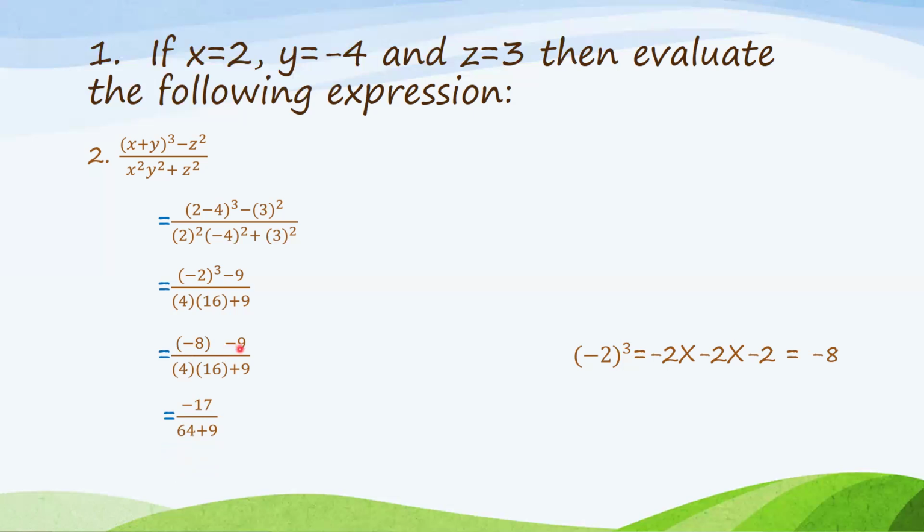Same signs, we have to add, but the sign will be negative. Plus 8 plus 9 is plus 17. Minus 8 minus 9 is minus 17. 16 fours are 64 plus 9. And finally, we get minus 17 over 73.